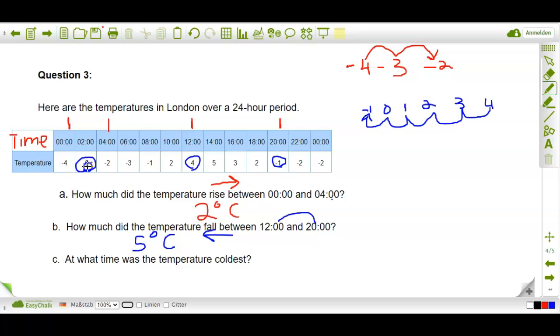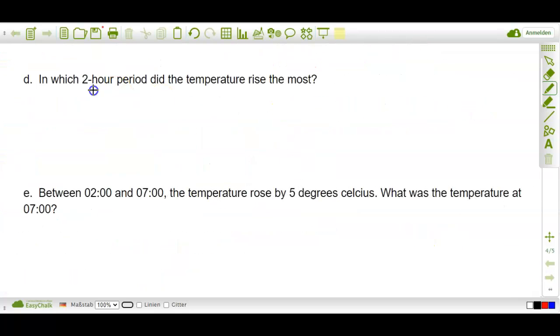So the time that corresponds with the coldest temperature is 0200 hours. Good. Now we have 2 more parts to that question.